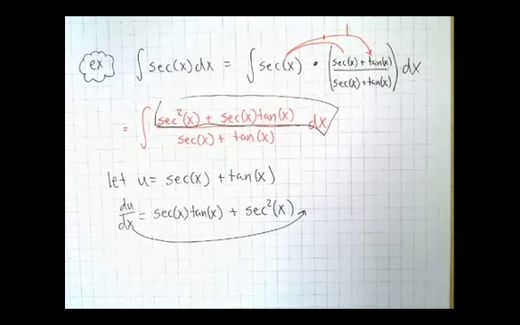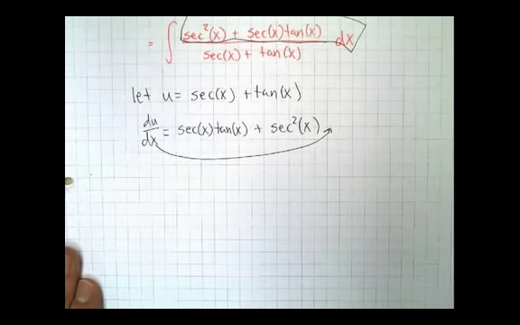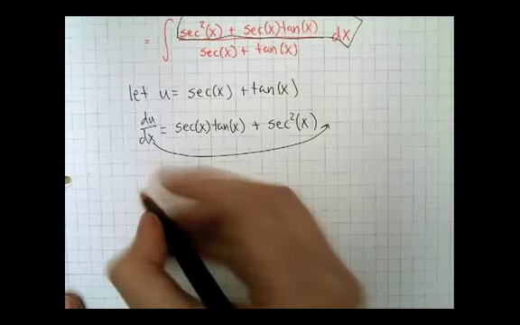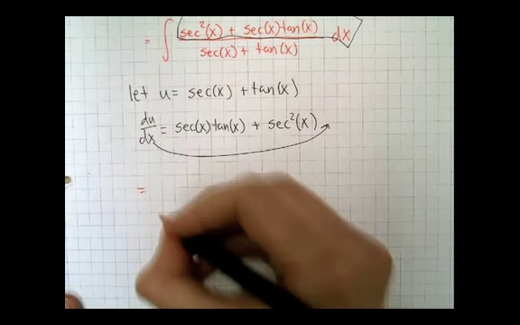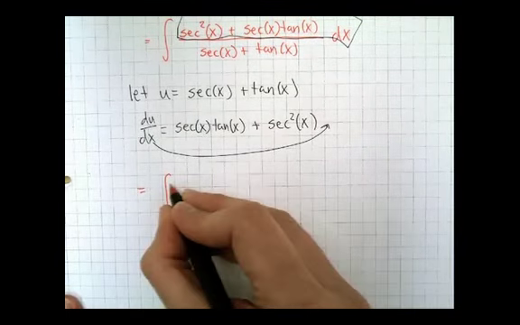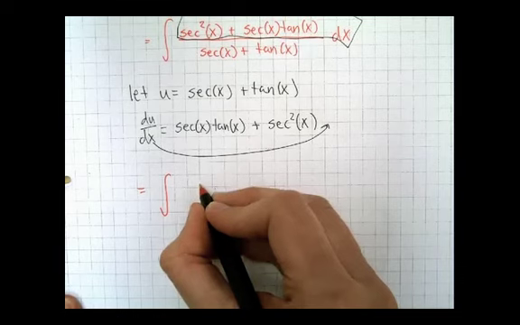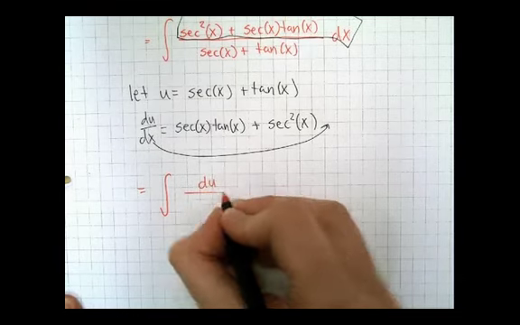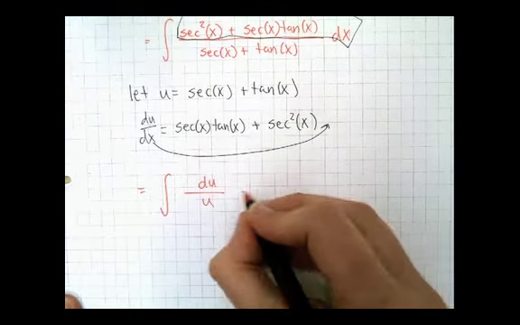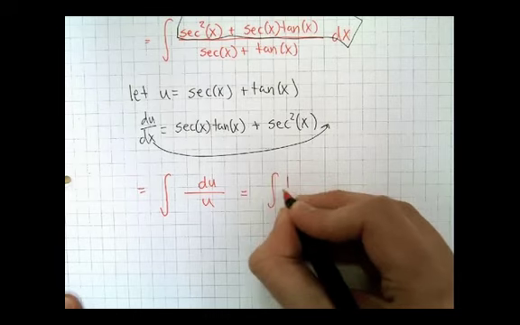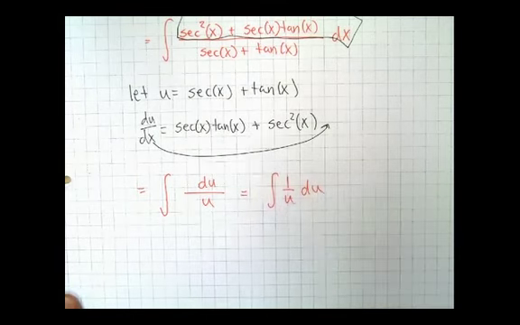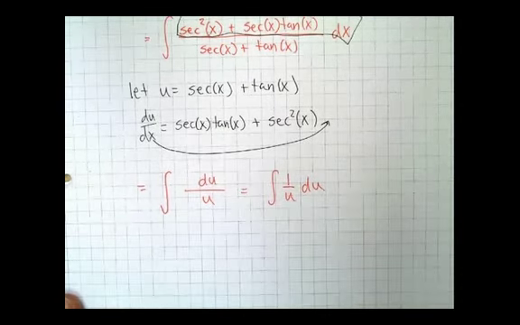So my new rewritten integral, sorry for the background noise, hopefully it's not too bad, is going to look like this. The entire top piece becomes du, and everything on the bottom was u. And if you really want to rearrange it, it's the integral of 1 over u du. Completely a natural log problem that you would never see.